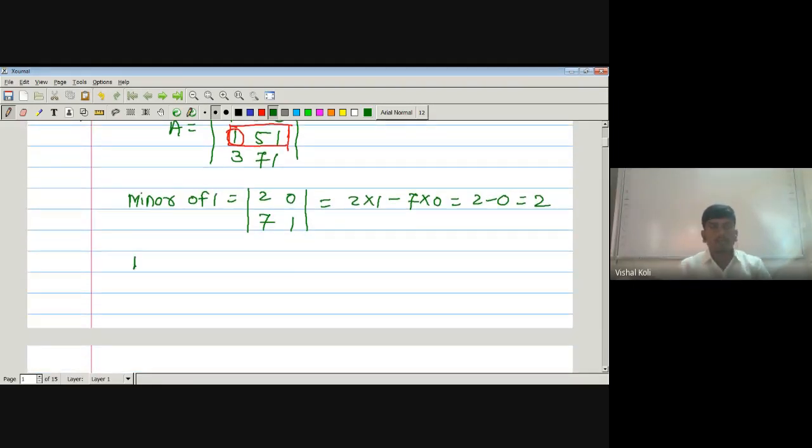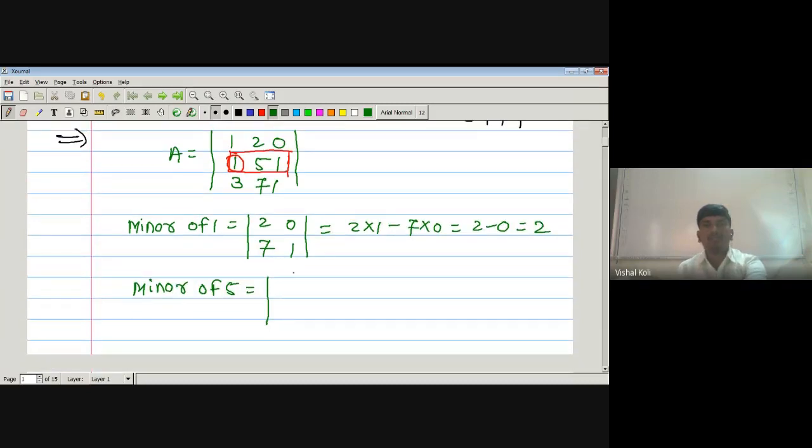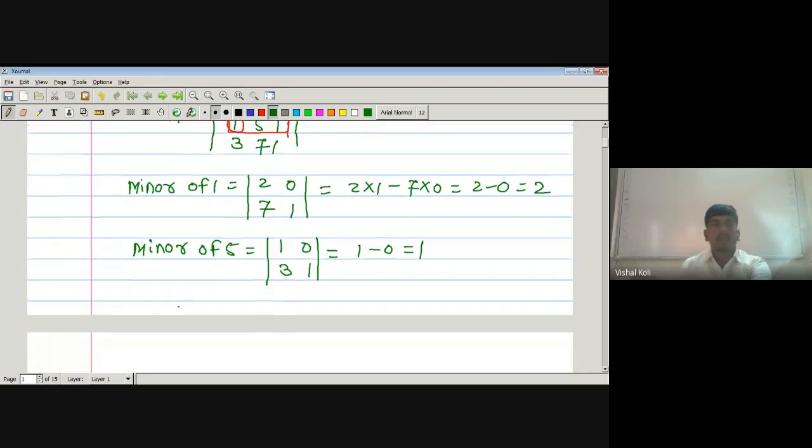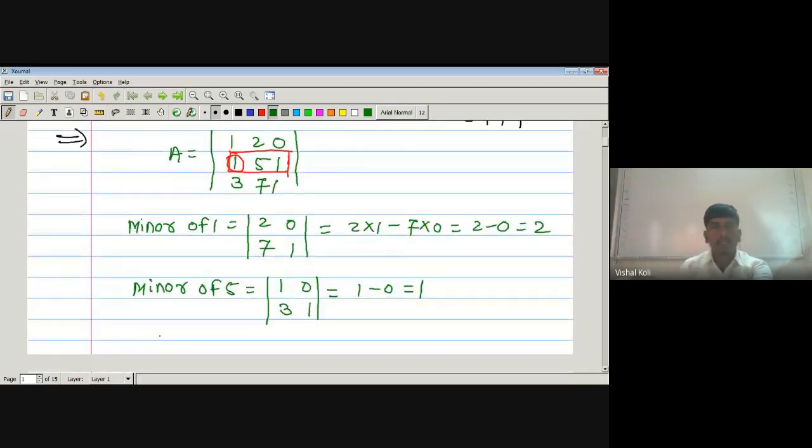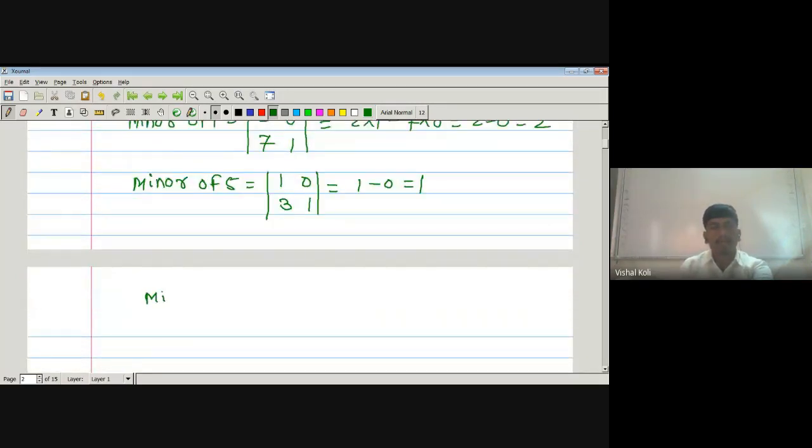Now, minor of the second element, which is 5. Similarly, we have to suppress the second row and second column. Then it is nothing but 1031, which is equal to 1 into 1 minus 3 into 0, which is 0, and so it is equal to 1. Now, minor of the third element, which is 1.